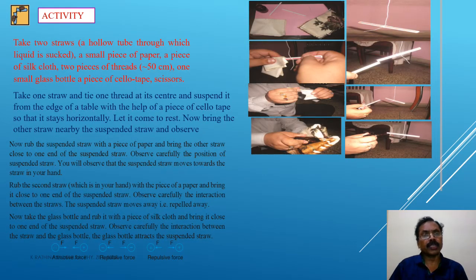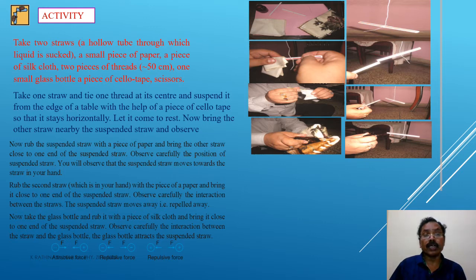Let us take this activity and look at the diagram. The two straws, one is hanging, the other one is rubbed, in the straw experiment. You might have seen this activity in the previous classes.